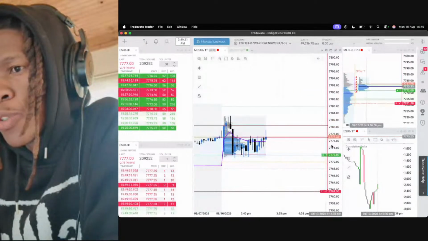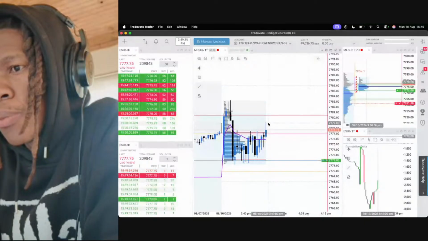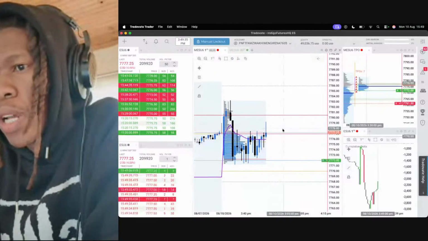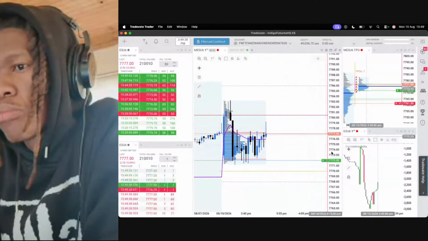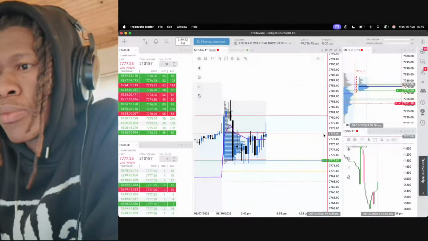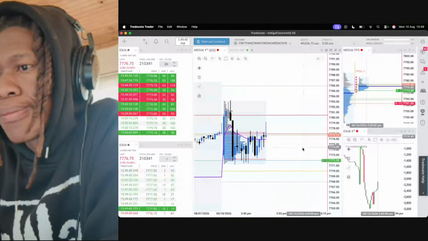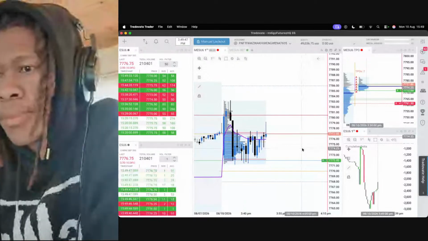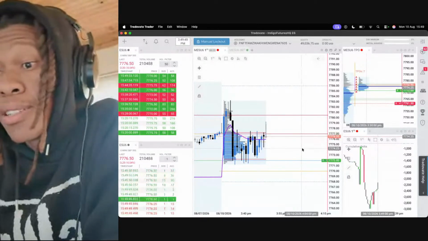But if we do close above previous day point of control, then I would be interested in longing from 777s, right? But where we are right now still is valid, I think.